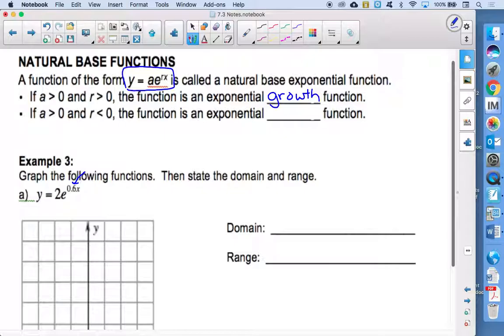The negative part just bumps it to go down instead of going up. So then the second part says, again, if a is bigger than 0, but r is less than 0, so the number with x is now negative, then it's an exponential decay function. So with the natural base equations, the part that makes it grow is whatever's attached to the power of x.